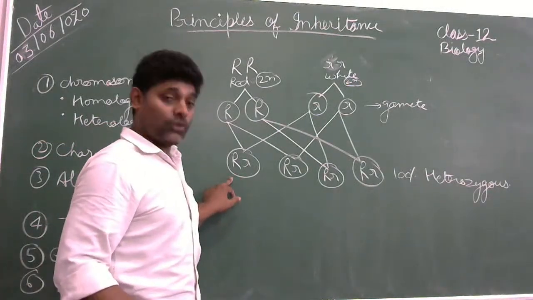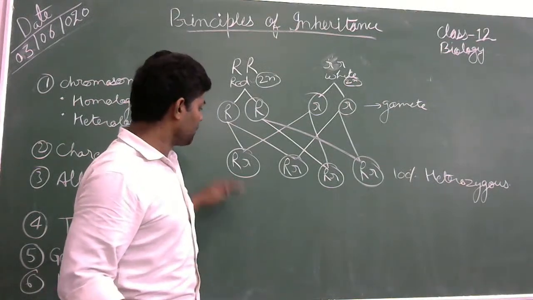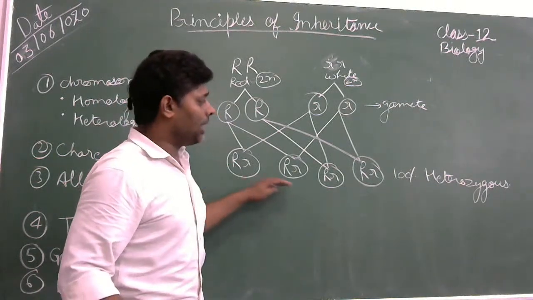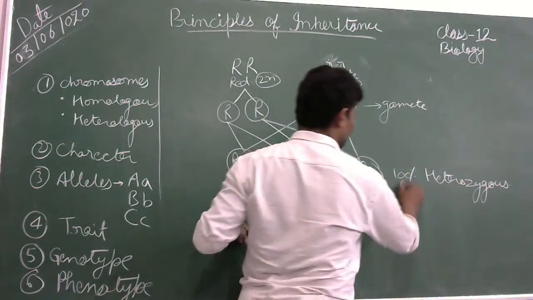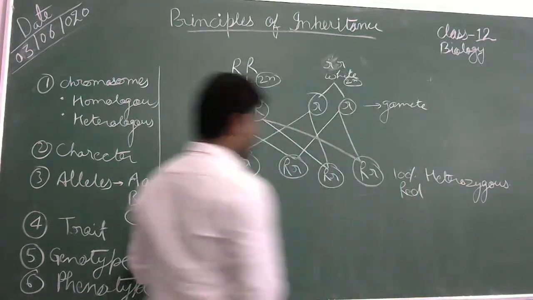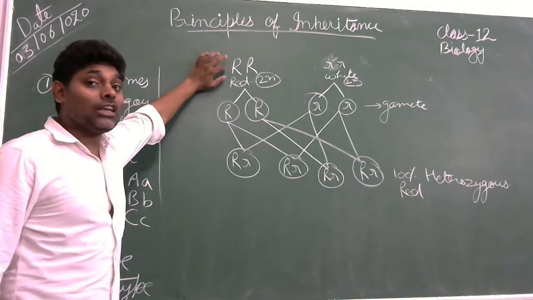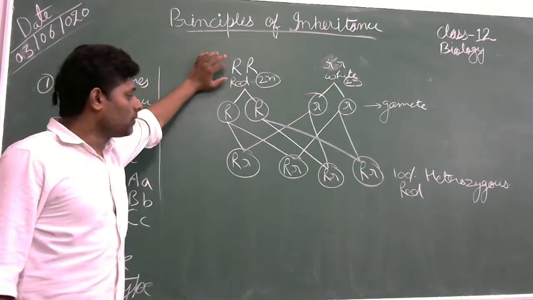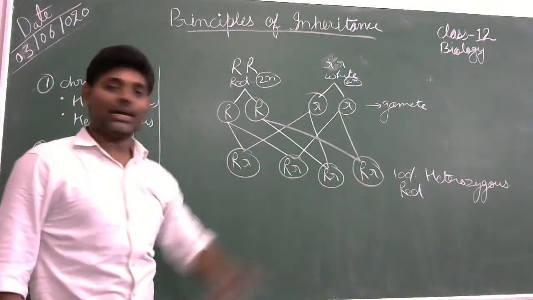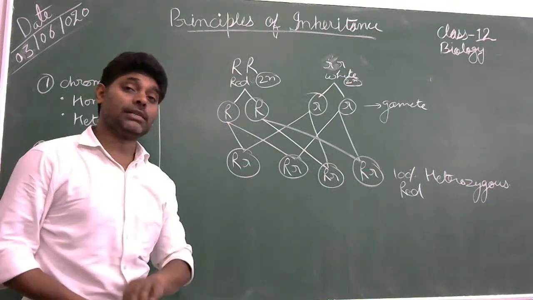This is the offspring generation, and all the plants are red, as we know that this is the dominant character. This is the F1 generation.